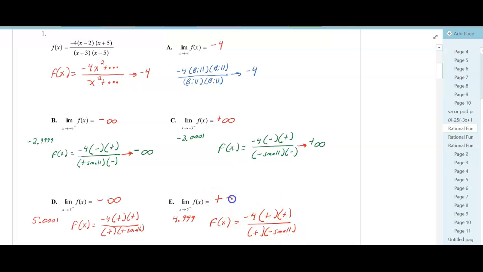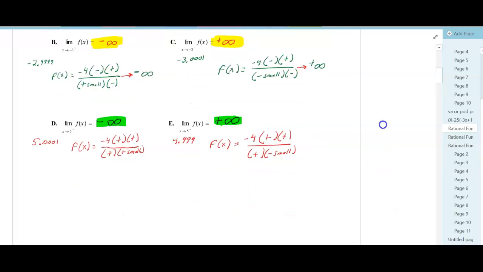This is going to go to positive infinity. Notice the exponents on both of these are 1. The one is going to negative infinity, the other one's going to positive infinity. Likewise on letter D. Now those could switch, but since it's an odd multiplicity, one has to go up, one has to go down.